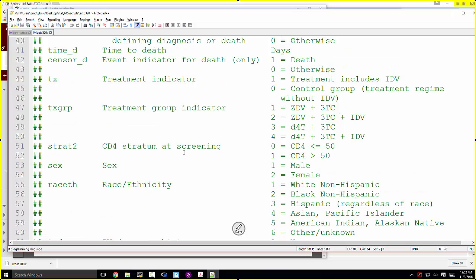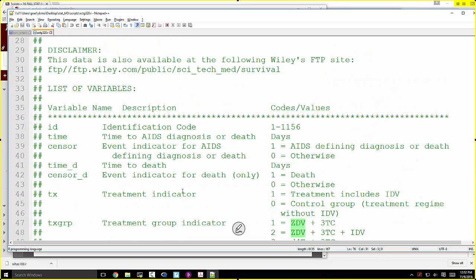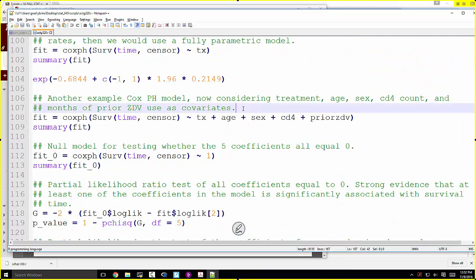So we have gender, we have CD4, which is baseline CD4 count, and prior use of the ZDV drug. Okay. So let's fit a model that, with censored data, looks at treatment effect adjusted for age and gender and CD4 count and prior ZDV.